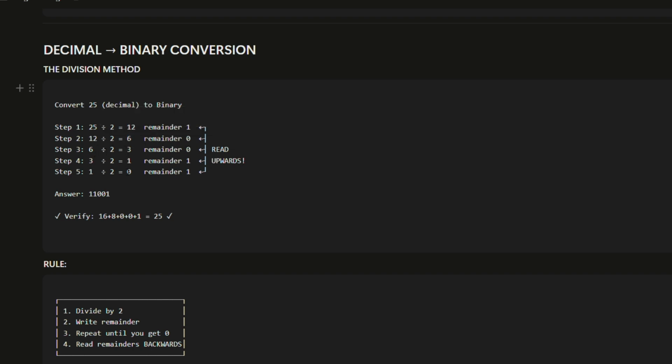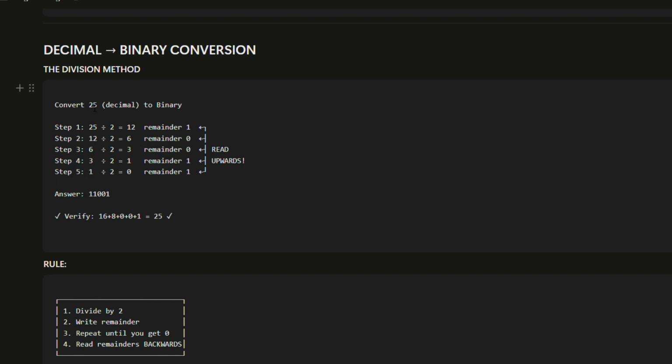Similarly, follow until you reach 0, and once you get all the remainders written down like this, you just need to read them upwards. So you read 1, 1, 0, 0, 1. You need to read from bottom to top.